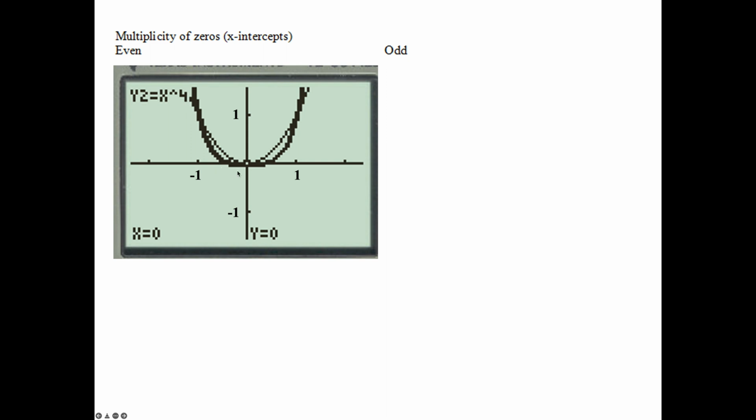Now if I go x to the sixth, it's going to be just a little bit longer. But you're not going to really see a polynomial function x to the sixth and have additional x-intercepts. So what happens here is that your x's are so small, like 0.1.